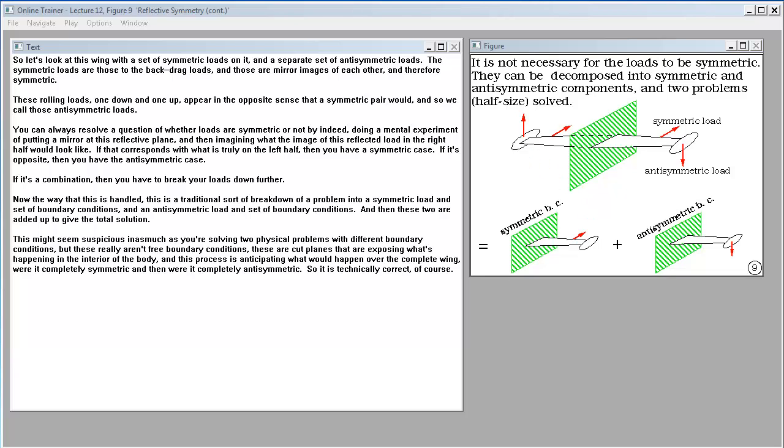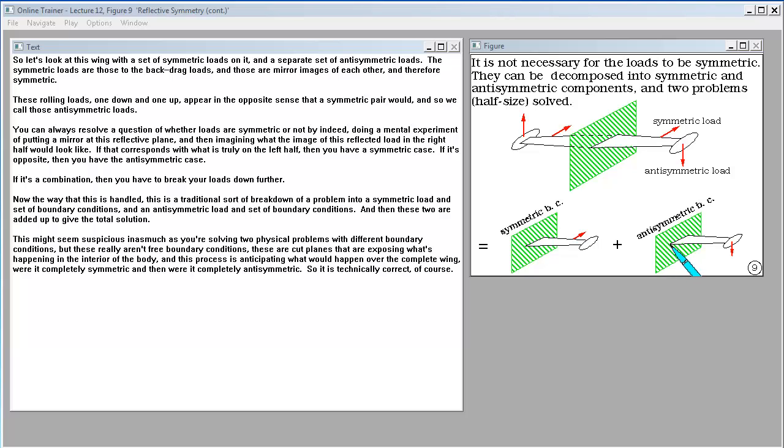Now the way that this is handled, this is a traditional sort of breakdown of a problem into a symmetric load and set of boundary conditions and an anti-symmetric load and set of boundary conditions. And then these two are added up to give the total solution. This might seem suspicious inasmuch as you're solving two physical problems with different boundary conditions, but these really aren't free boundary conditions.